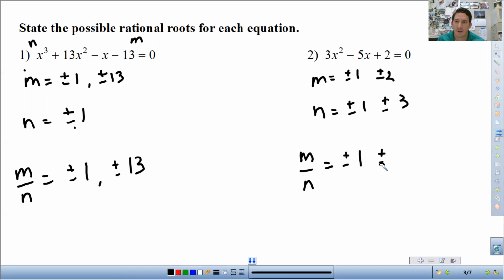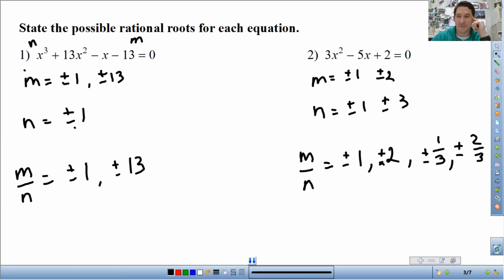Then we could have 1 over 3, which would be plus or minus 1 over 3, and then we could have 2 over 3, which would be plus or minus 2 over 3. So this has 4 possible rational solutions. In the next couple problems, we'll actually be using that. We'll check them using synthetic division, but just practice listing those out.